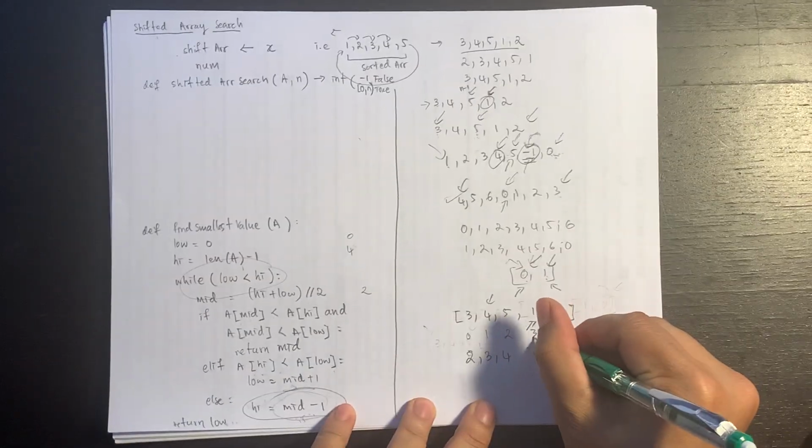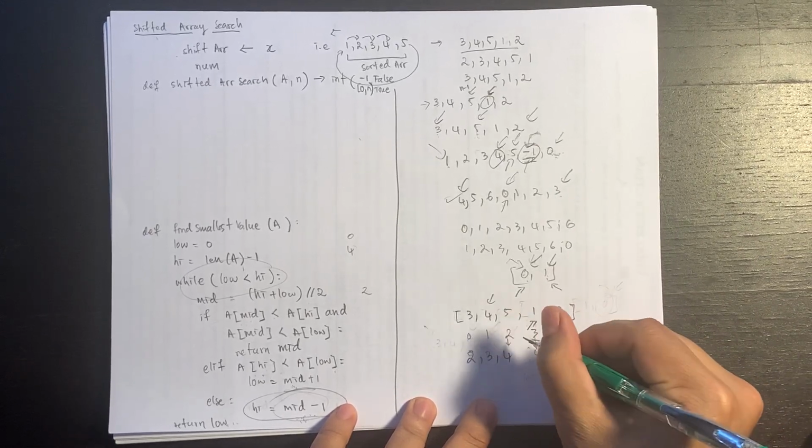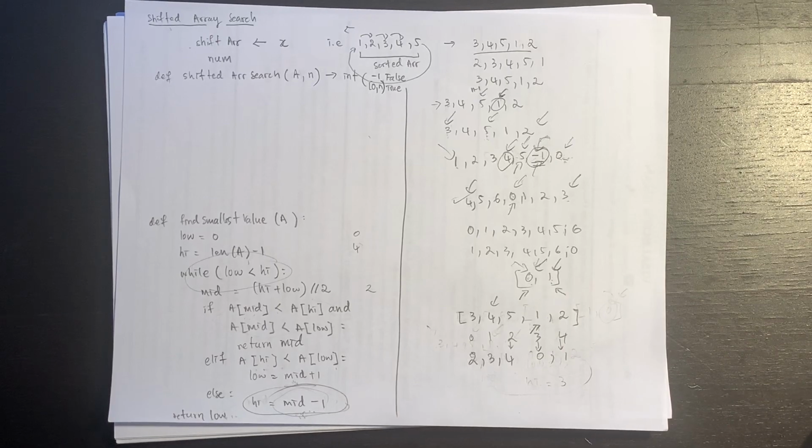How do I map this number to this? Wait, did I miss something? 0, 1, 2, 3, 4. I feel like I missed something. I think this probably just uses some sort of modular.